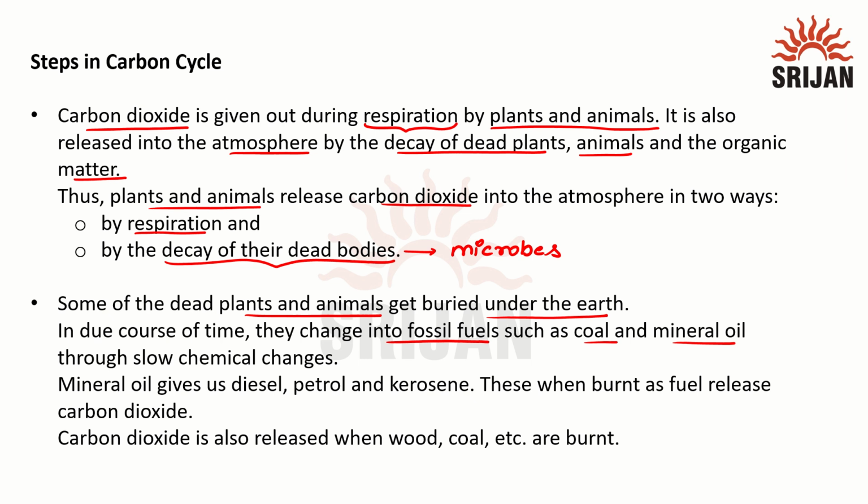This takes millions of years, and this is a very slow chemical change. Now this mineral oil gives us diesel, petrol and kerosene, and when we burn these fossil fuels, they release CO2 and the CO2 comes back to the atmosphere.